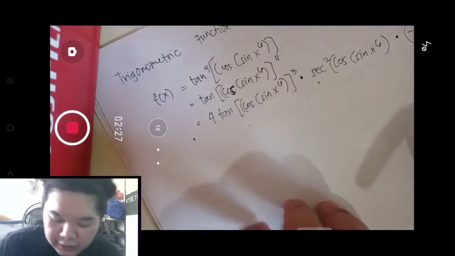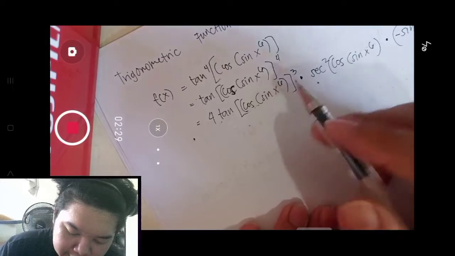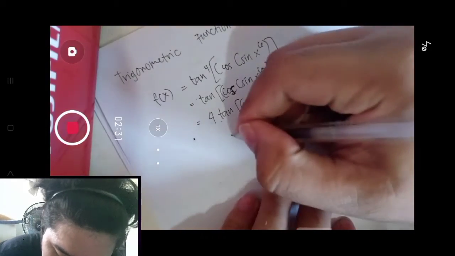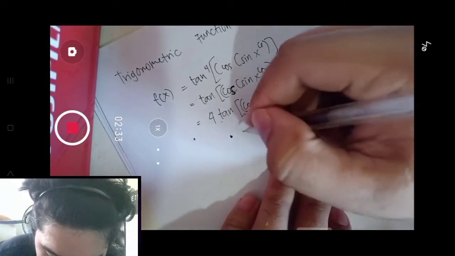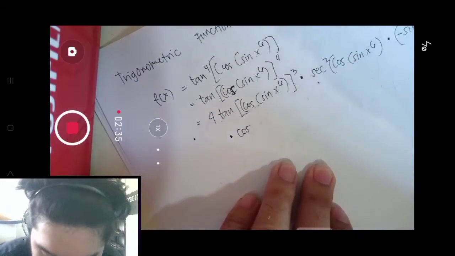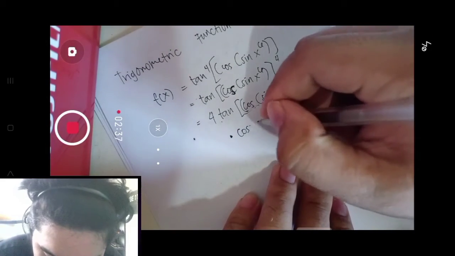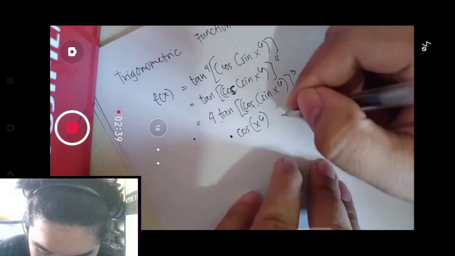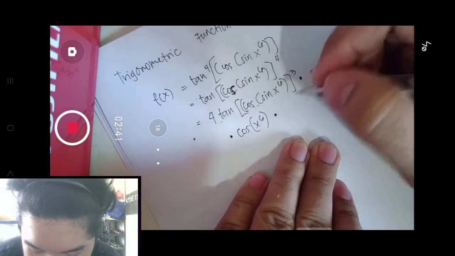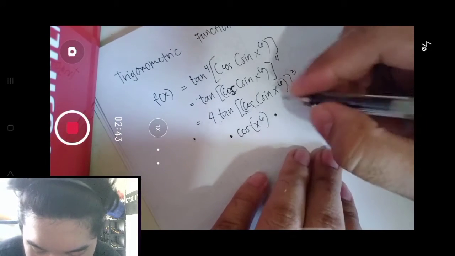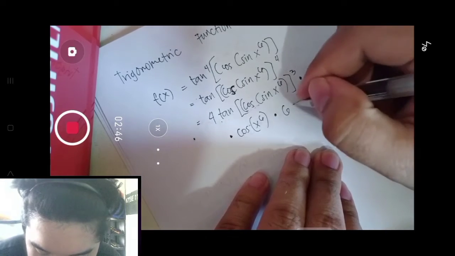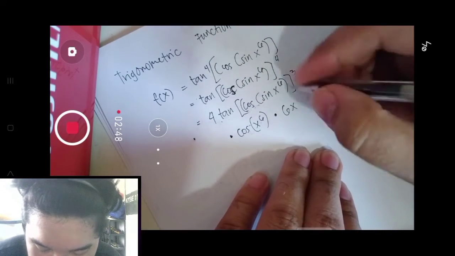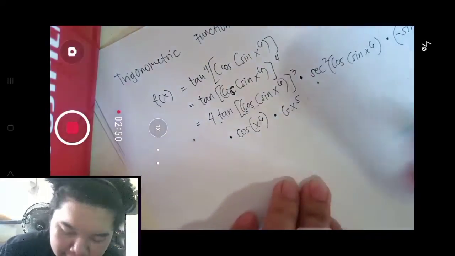After the derivative of cosine, we take the derivative of sine. The derivative of sine is cosine, the basic cosine, and copy the angle. Then x raised to 6 is what we differentiate next. Apply the power rule: 6x raised to 5.